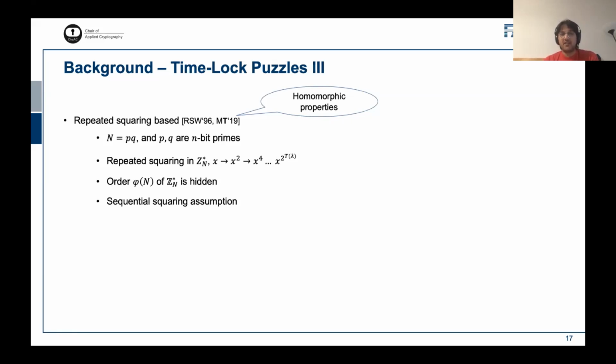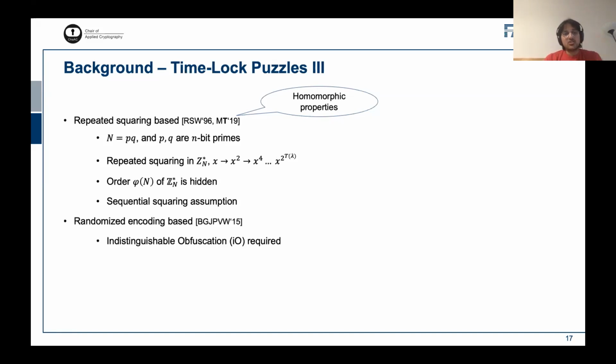Meaning that you have several time lock puzzles, and you can homomorphically compute the necessary function over these puzzles, to obtain a single puzzle and then eventually solve the single puzzle. Okay. That is something that we will heavily rely on in our construction.